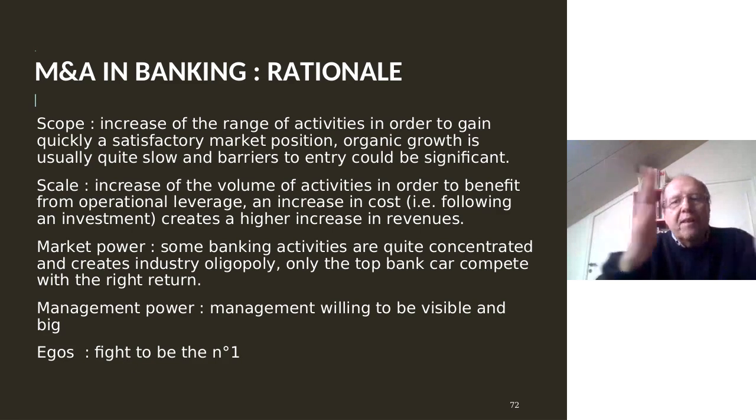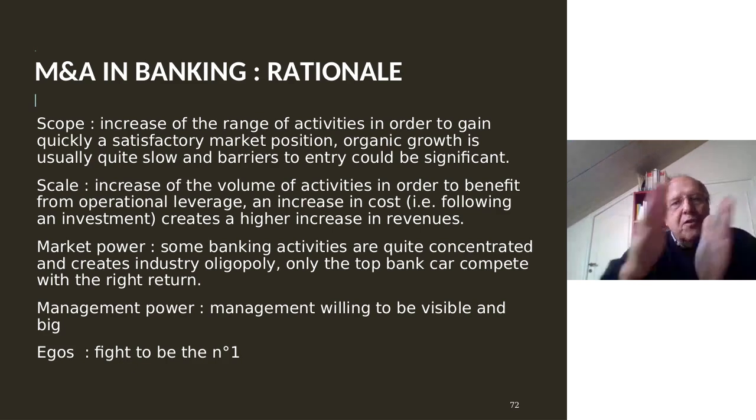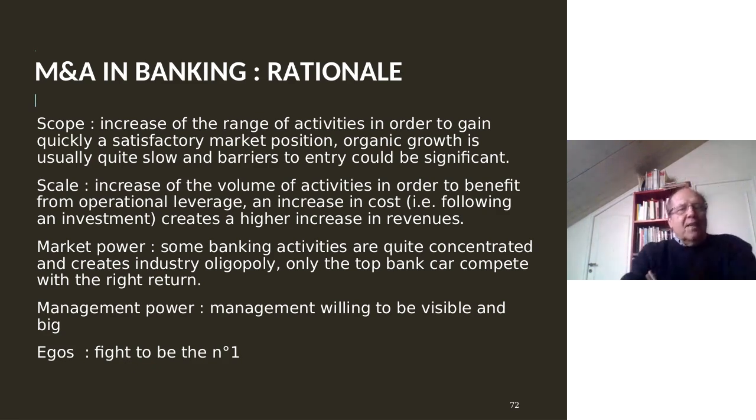So it's something that the bank, as other companies, could desire, but if it's too concentrated, then the answer of the authority will be no. And in a couple of cases, the antitrust said no. Even recently in some payment activities, the antitrust said no to a bid of a US company on a UK company in payments, because they would have been too big worldwide, and they would have had a dominant position.